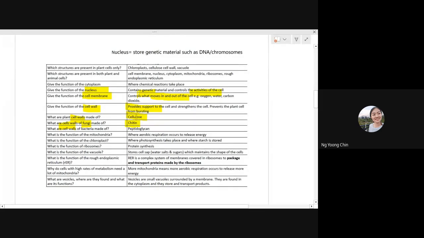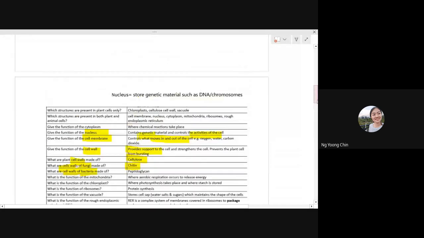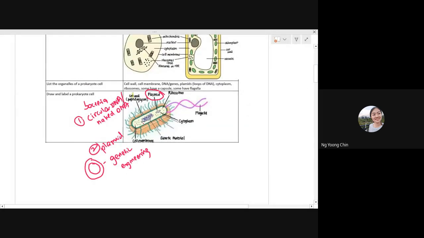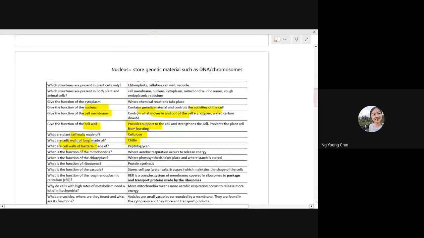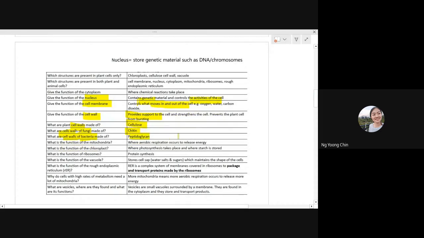And then the cell wall of bacteria. Still remember that bacteria contain a cell wall, right? See this one, cell wall. The cell wall of bacteria is made of a very special structure we call peptidoglycan, okay? So what is meant by peptidoglycan? Peptidoglycan is just a structure made by bacteria, okay?